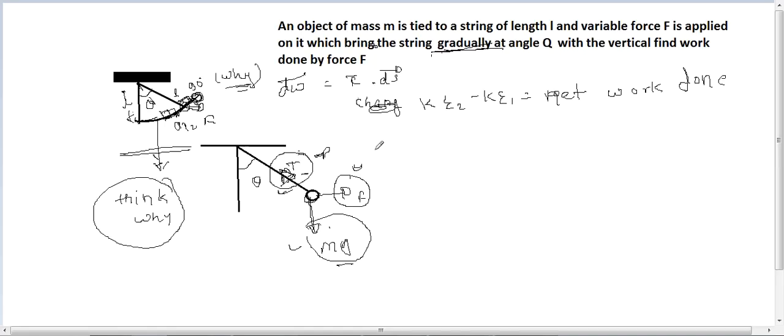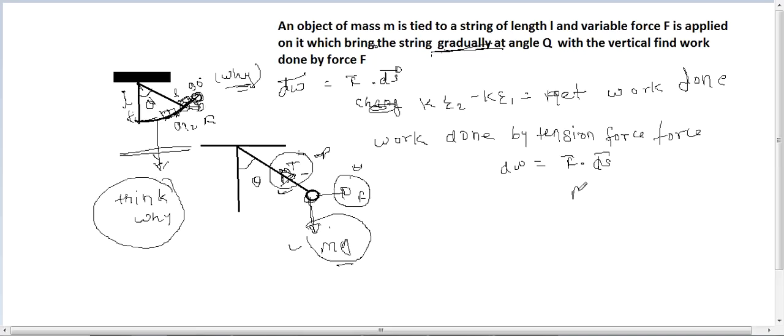So the work done by tension force is going to be dW equals F dot ds, where F is the magnitude of F. F dot ds is the magnitude of F times the magnitude of ds times cos theta, and this theta will be 90 degrees.